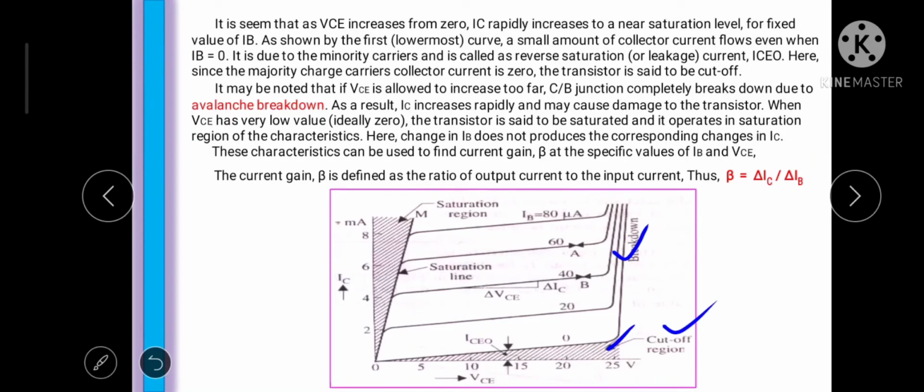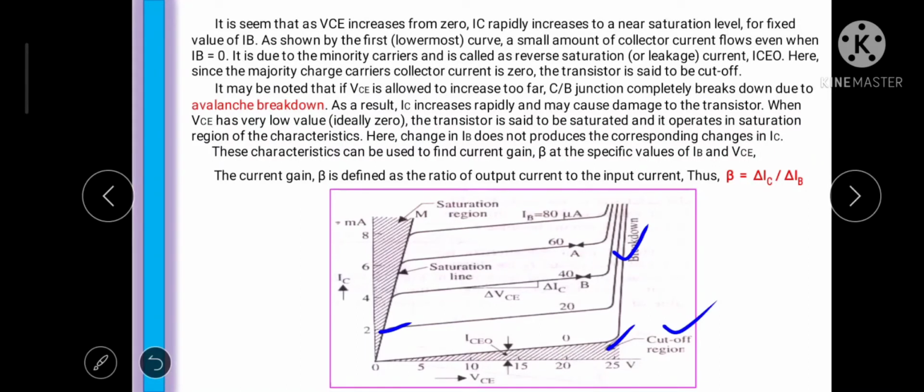When VCE has a very low value, or we can say ideally when it is 0, the transistor is said to be saturated and it operates in the saturation region of the characteristics. Here, the change in base current does not produce a corresponding change in collector current IC. That means the value of IC is almost constant.